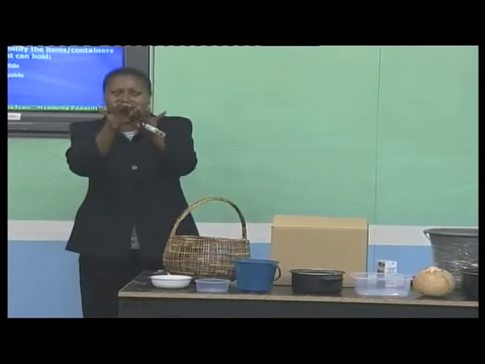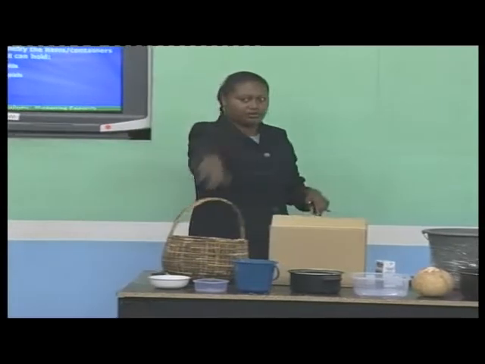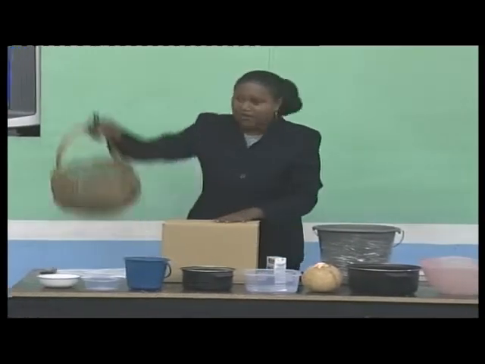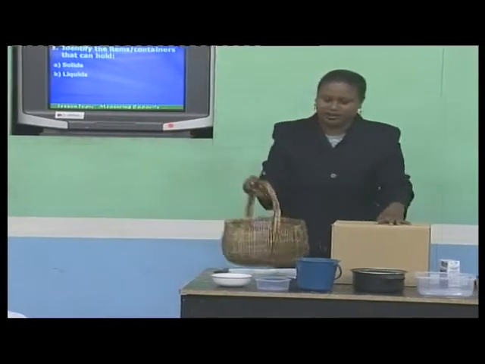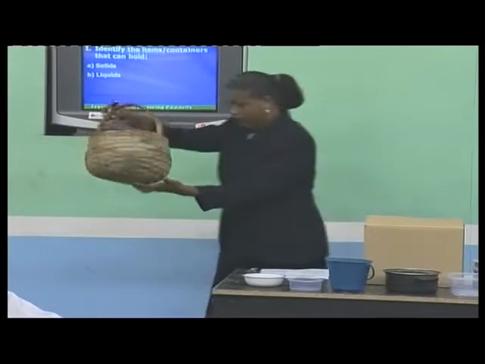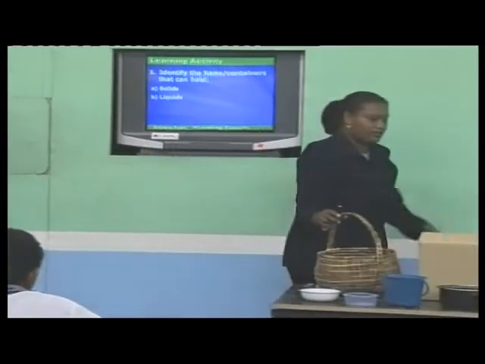And then all the water can pour out to the ground. What about this basket? No. Why can it not hold liquid? Because it has holes. The minute you pour water, it will start to come out of the holes and fall to the ground.